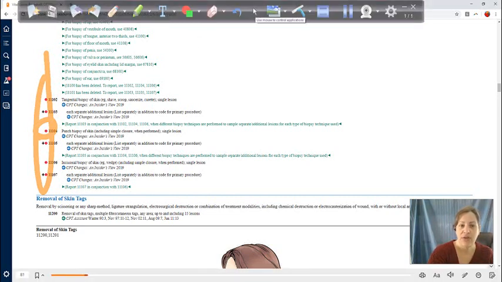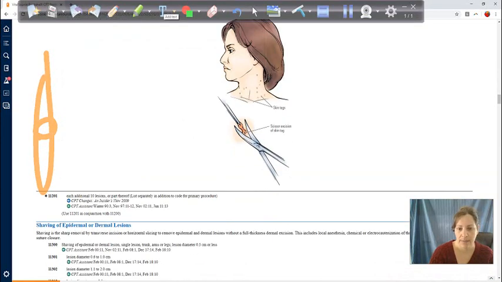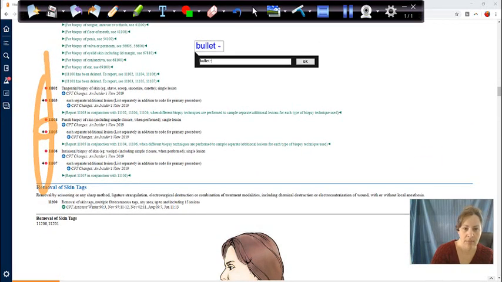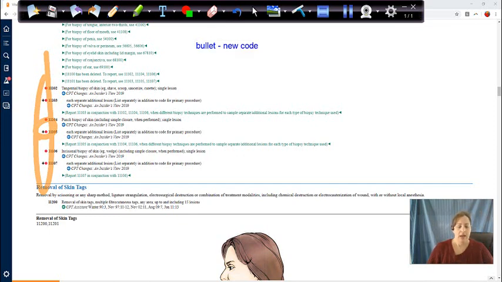Now, if you are using a 2019 book, like I am, and my digital one on the screen is also a 2019, you'll see those bullets because those codes were new in 2019. If you're a newer student and you're holding a book from 2020, you don't have those bullets because it's no longer a new code for you. For you, it's now the second year that code has existed and that bullet disappears.